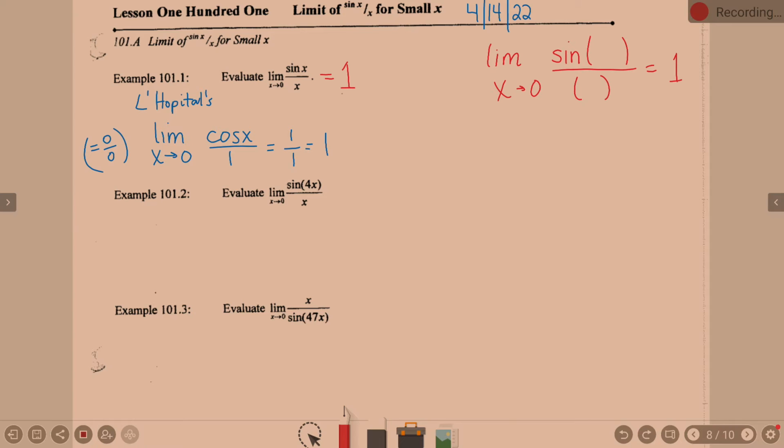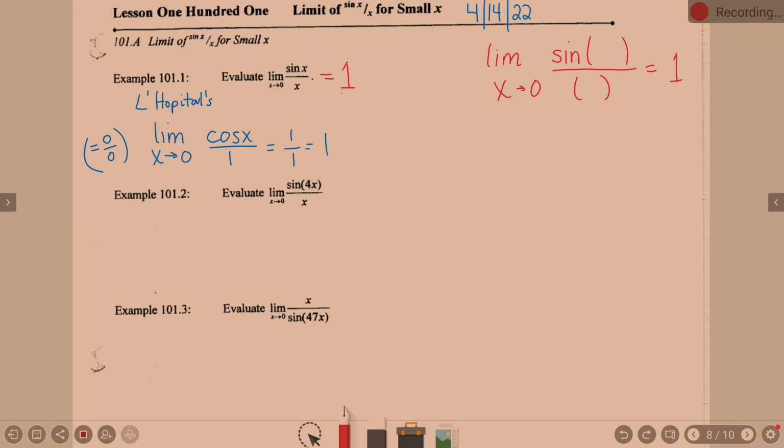Now, look at example 2. Yes, technically we can use L'Hopital's. Yes, technically we could look at a graph. But this is one where it's good to be familiar with sine of something over x. What do you notice here? It's sine of 4x over x.